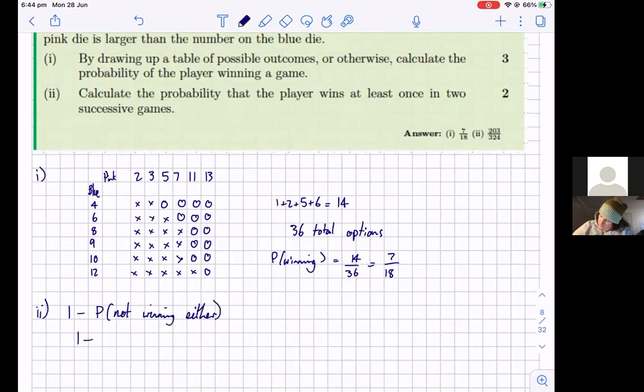So we've got 1 minus, well, if we've got 14 36ths for winning, 7 18ths for winning, then we've got the opposite of that: 22 on 36 of losing, and we've had to lose both games. 121/324 gives us 203/324.